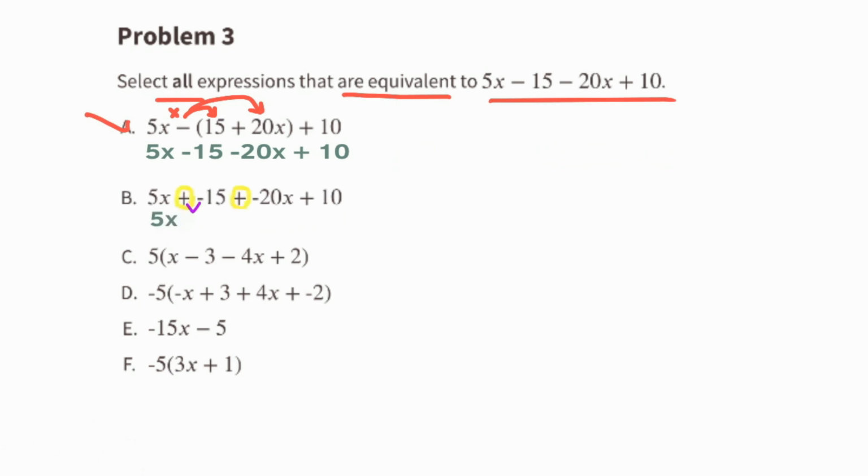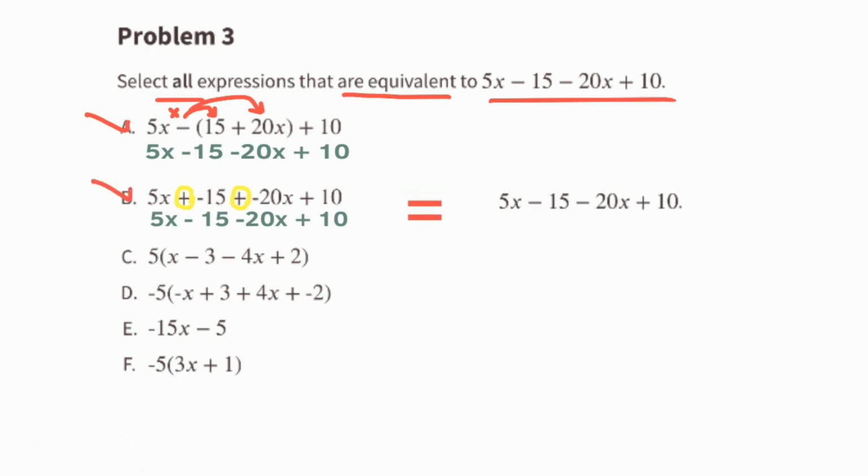B. 5x plus a negative 15 is the same thing as 5x and a negative 15, or 5x minus 15. Plus a negative 20x. That's the same thing as and take away 20x, or and minus 20x. Bring down the plus 10, and now the expression reads 5x minus 15 minus 20x plus 10, which is equivalent to the original expression.